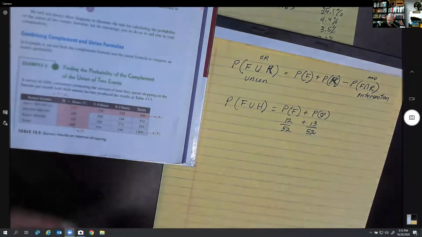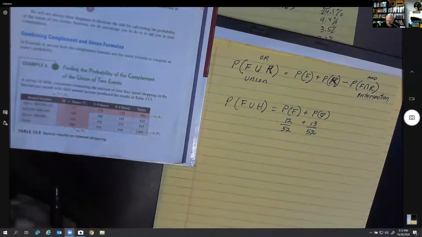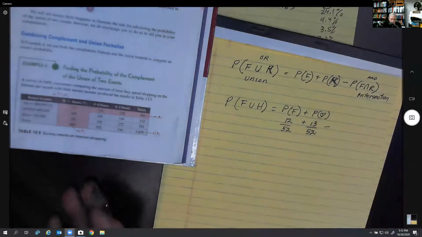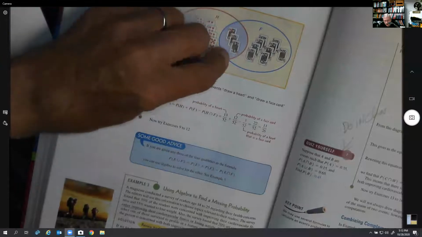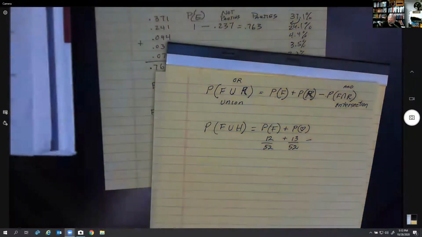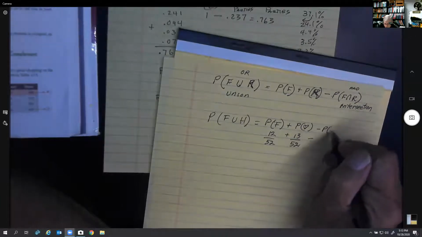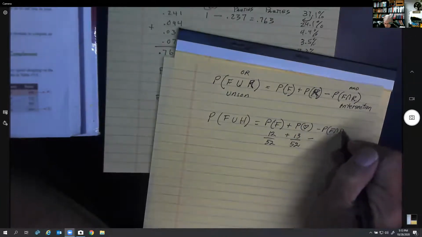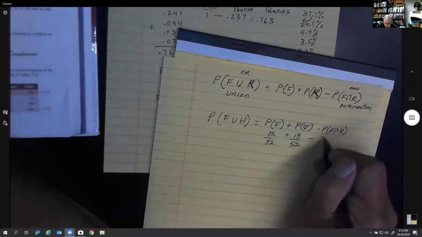We've got face cards and aces and number cards. That looks like 25 out of 52, minus right here, as they show in the book, 3 of these cards are face cards, but they're also hearts. So we've got to subtract those off. And that's our intersection right here. So that's all they're saying, that you were double counting here and you've got to take that away.